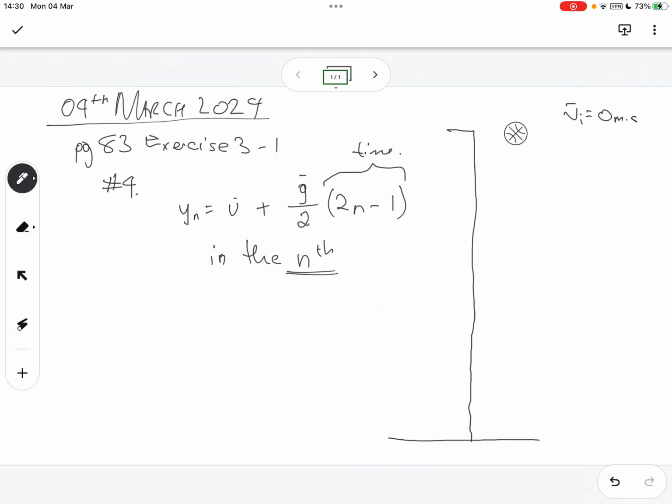So let's say our tower is like that, right? And then it starts off with V initial equals 0 meters per second. And this is H max. This is our total height, H max. Okay, cool.